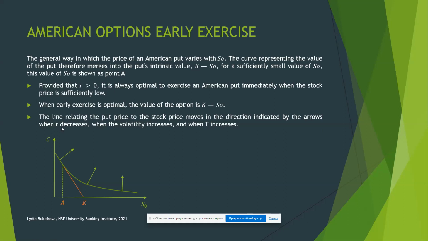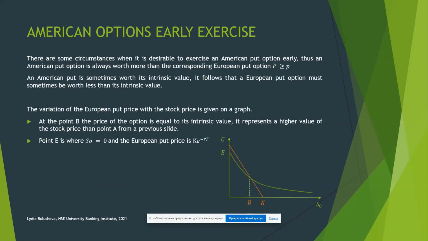So here we've got one of the final slides in this part. The same things given in words, not in inequalities. There are several circumstances when it is desirable to exercise an American put option earlier.